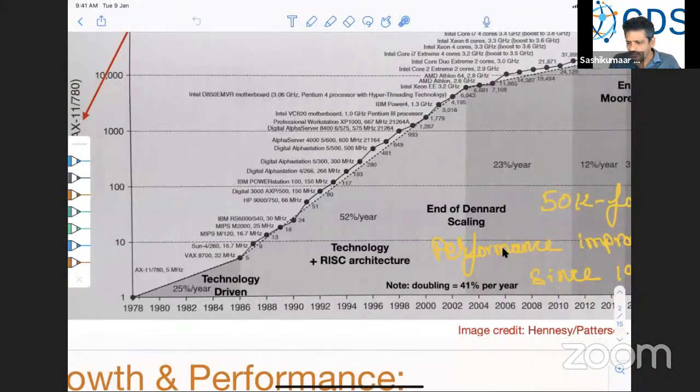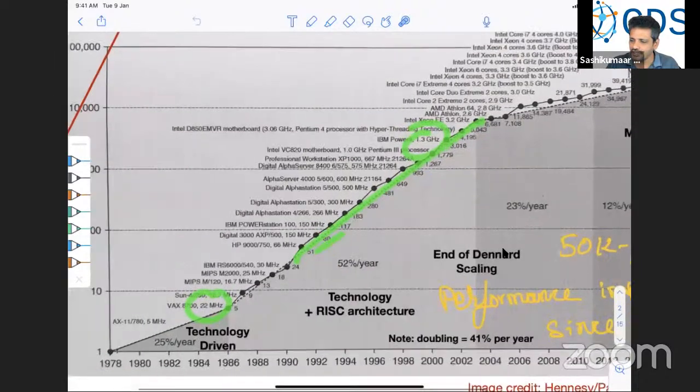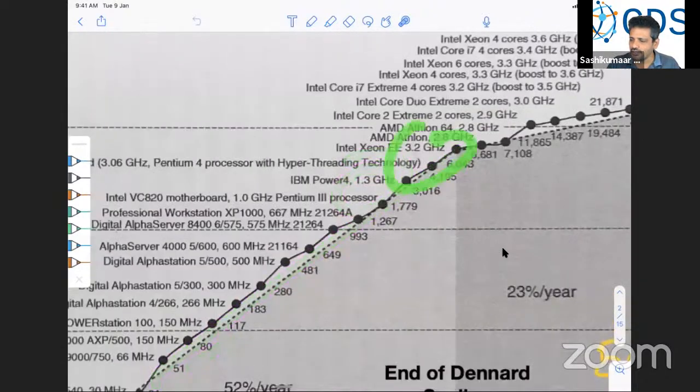If you look at this period from 1986 to around 2003, 2004, the growth of the processor speed is excellent. We started from a few megahertz and reached gigahertz. These are all gigahertz sizes: 3.2 gigahertz, 2.6, 2.9, settling somewhere around 3.